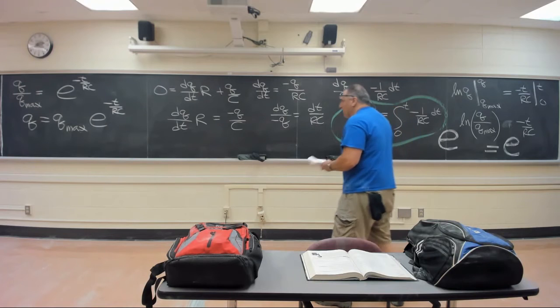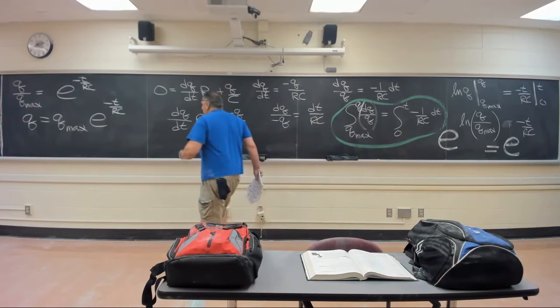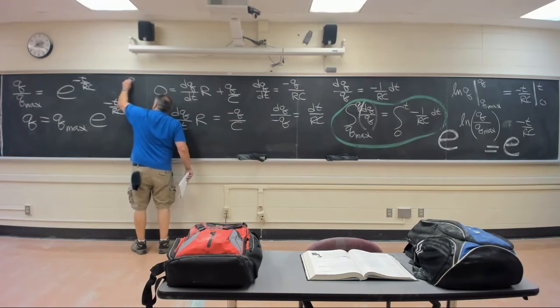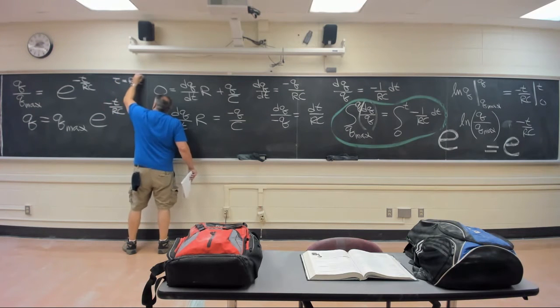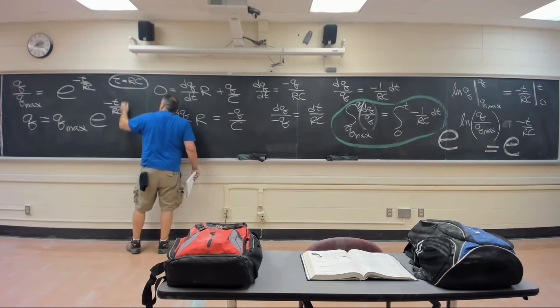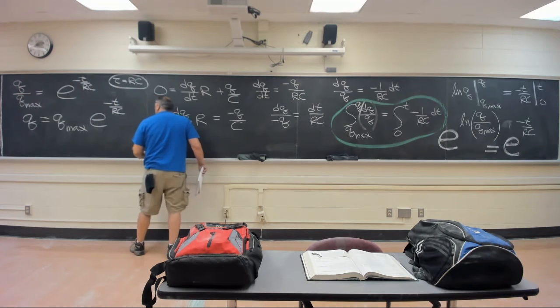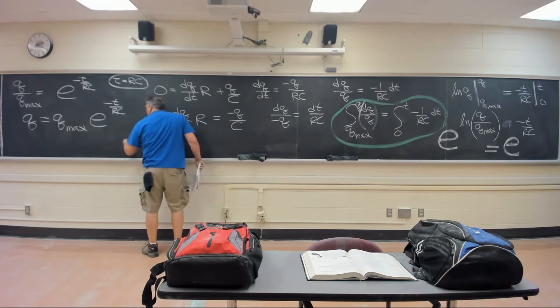Yeah, it's absolutely true. They call RC, in all instances, they call it tau. That's the time constant. There's a tau under here. So it gets written, I mean, you can see it written a lot of ways.